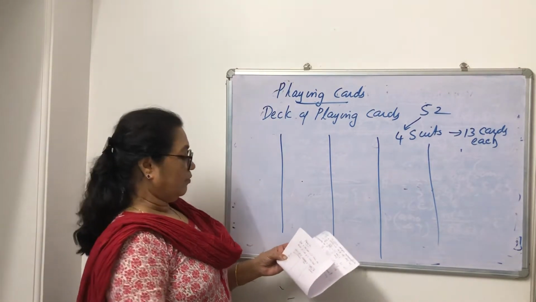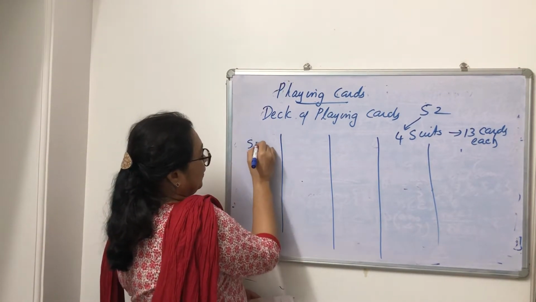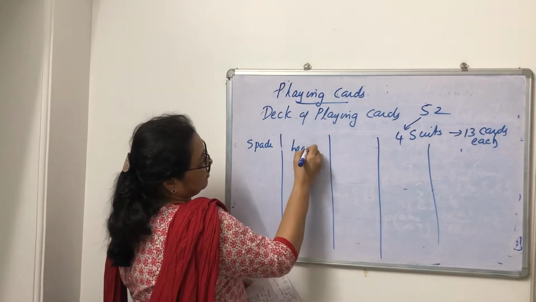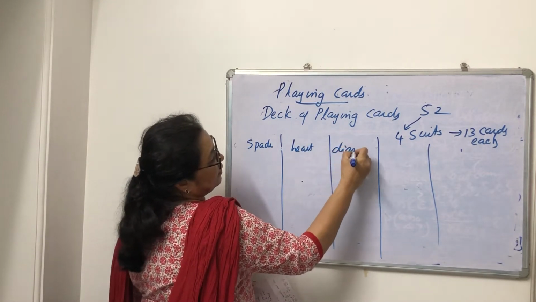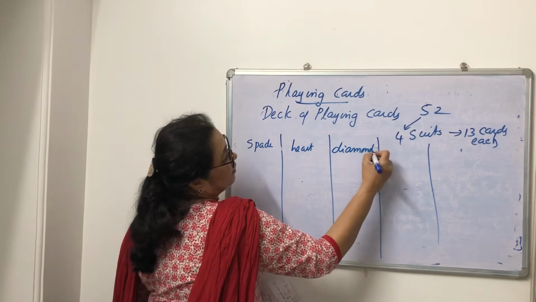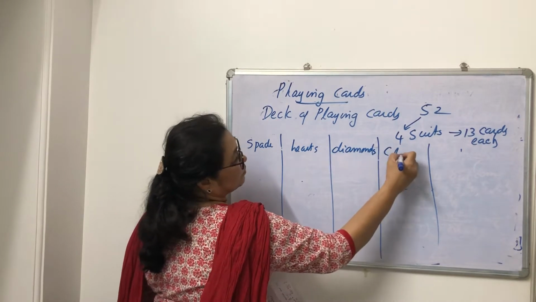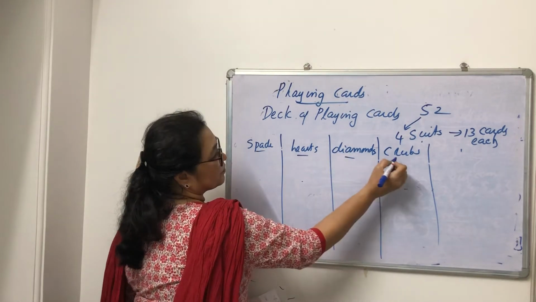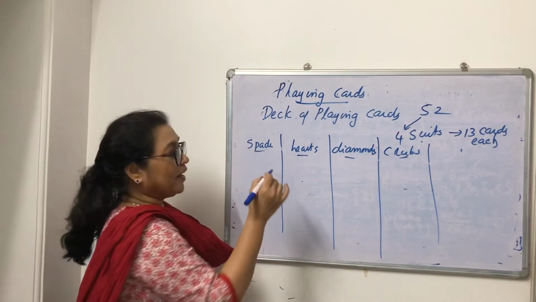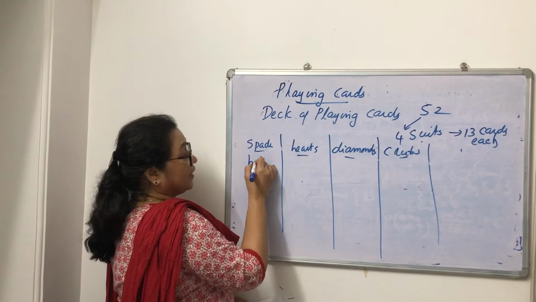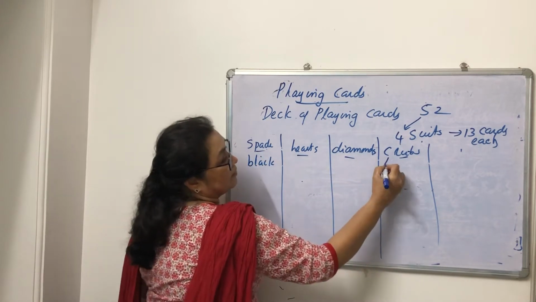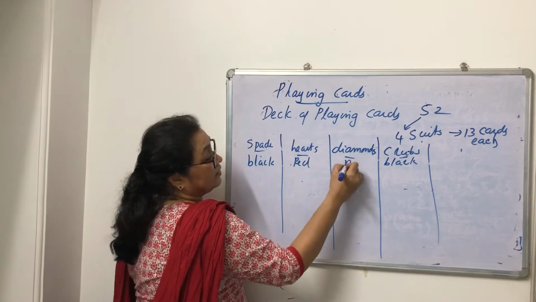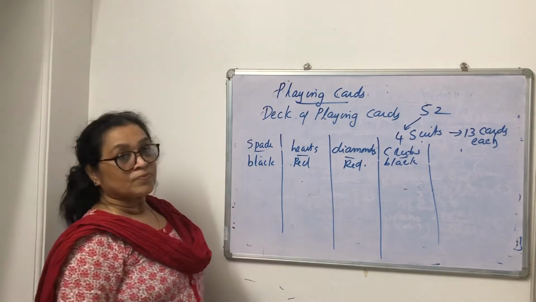So here the first one is spade, heart, diamonds and clubs. These are the 4 suits. Spades and clubs are black in color. These are red in color.